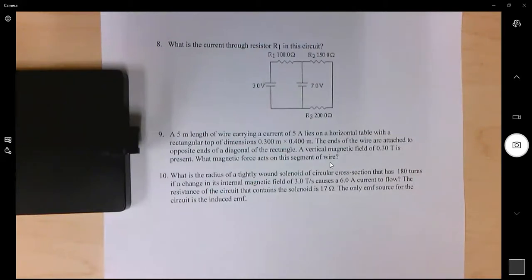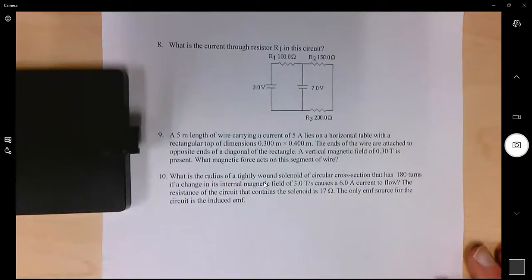We know that the resistance of the solenoid is 17 ohms, and the only EMF source is the fact that the magnetic field is changing, and that's creating 6 amps of current. So we want to know the radius of that particular solenoid.